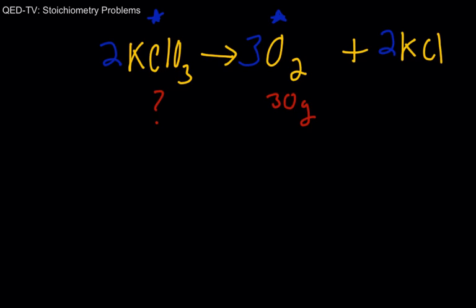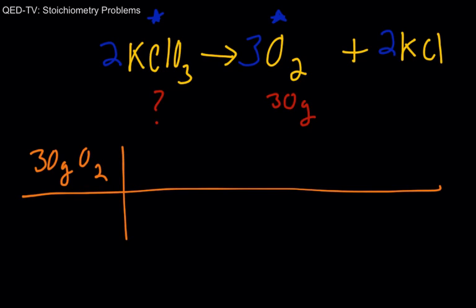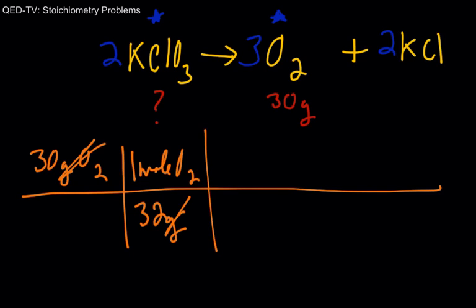So the first thing I do, of course, is I write down the given. I have 30 grams of O2, and I need to convert that to moles because I want to do my mole ratio of 3 to 2. So 1 mole of oxygen, diatomic, is 32 grams of oxygen, and my grams of oxygen would cancel out, and I'm in moles.